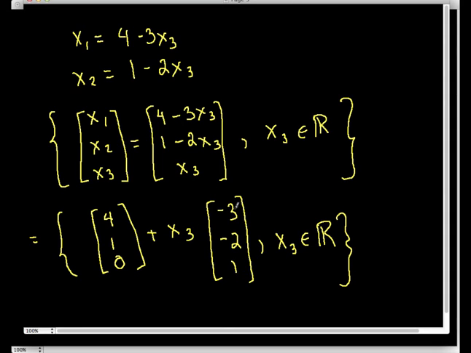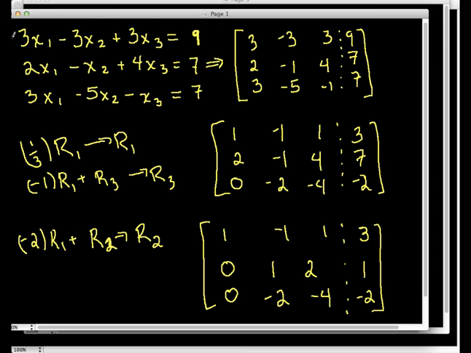That's exactly what we had before, the scalar multiples of minus 3, minus 2, 1. This is the solution to the homogeneous problem. So this part of the solution will give you solutions when the right-hand side is just all zeros. And this particular vector over here is the vector that allows us to get to what we had originally, which is 9, 7, and 7.